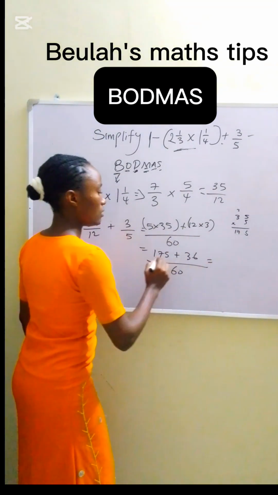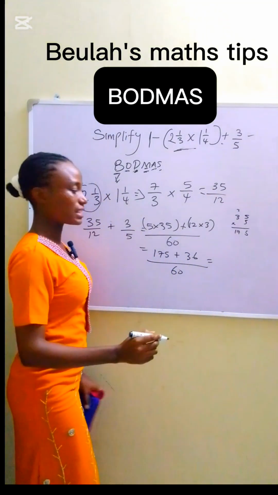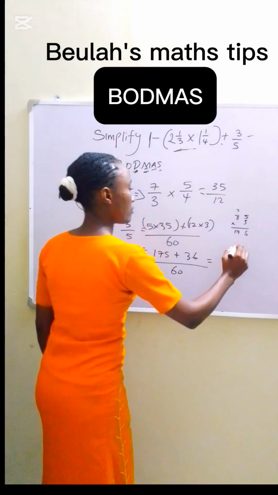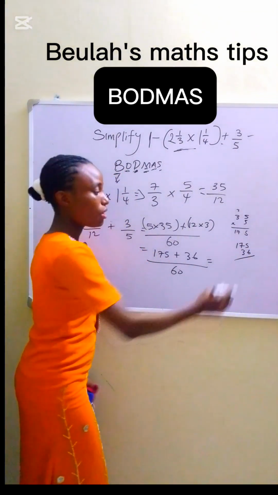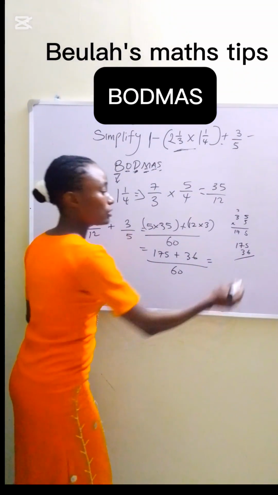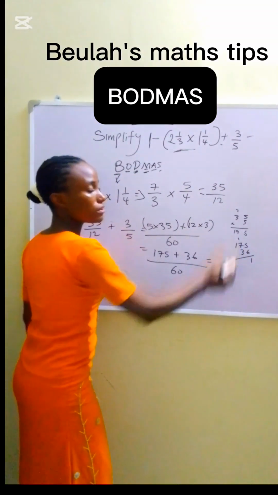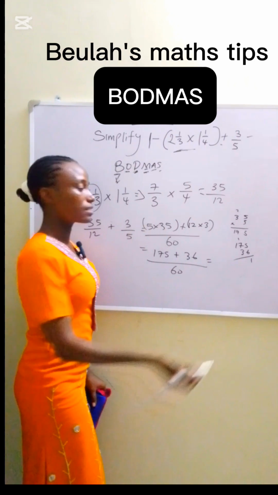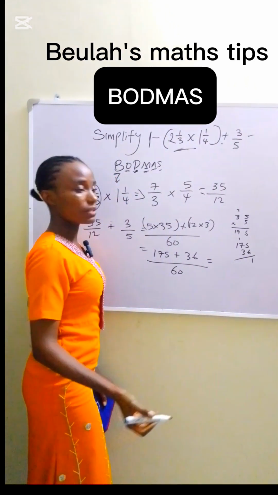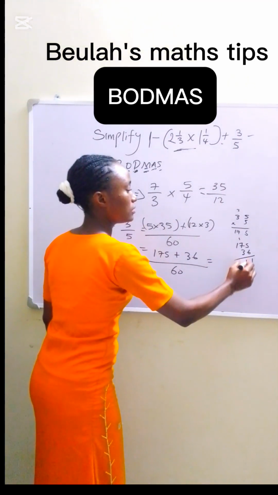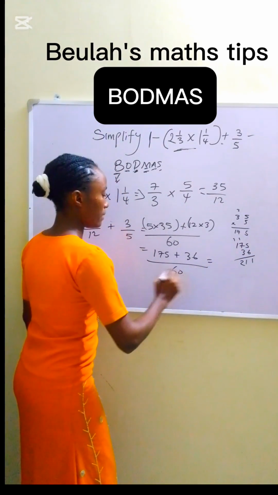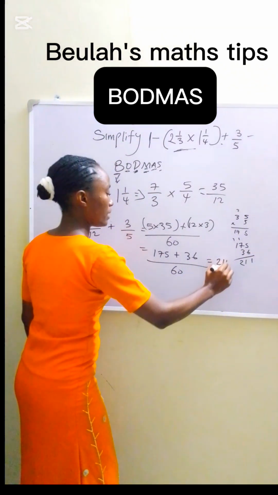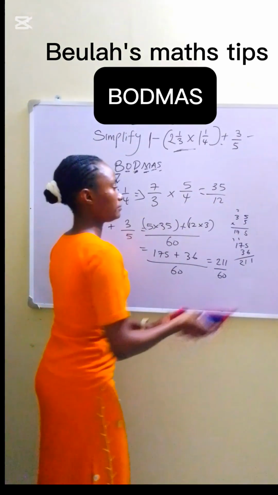So let's add 175 plus 36. 5 plus 6 is 11, 1 carry 1. 1 plus 7 is 8, 8 plus 3 is 11. So we have 211 over 60.